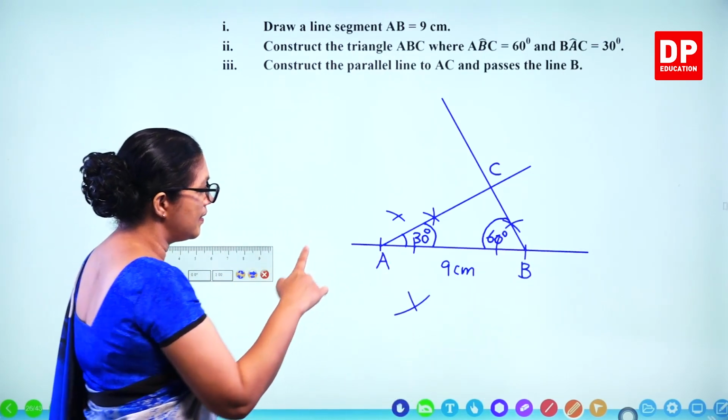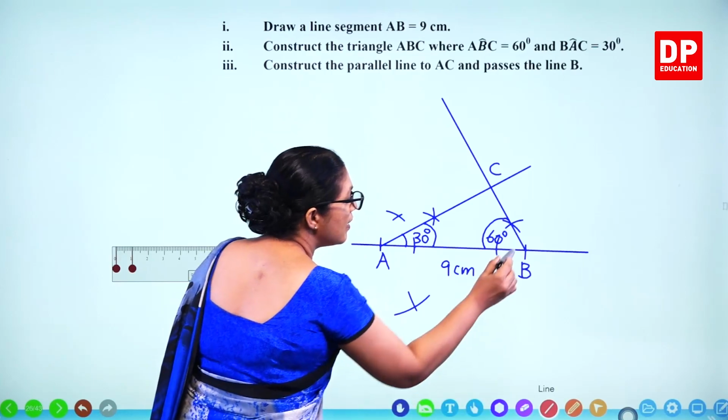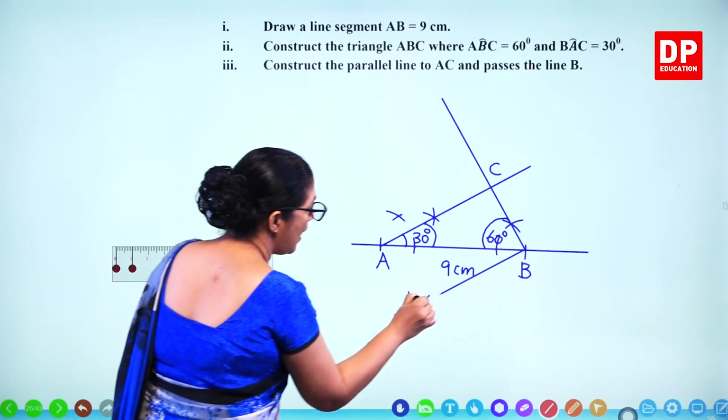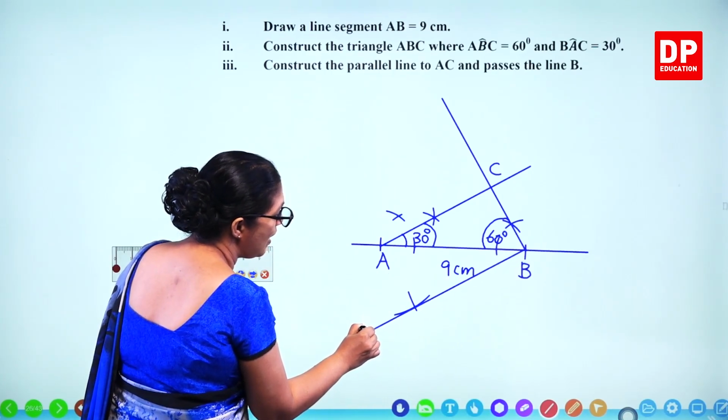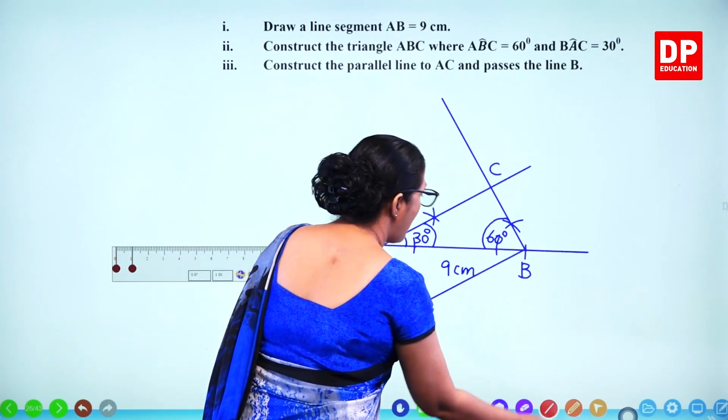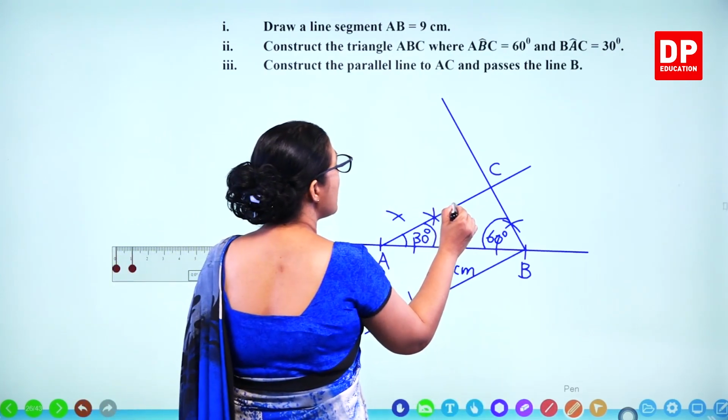Now we have the same distance. You can connect B and this point. That's the parallel line that passes through B parallel to AC. So these two lines are parallel.